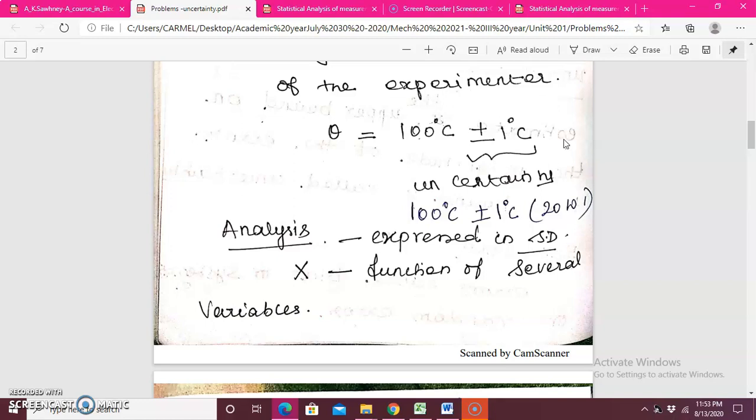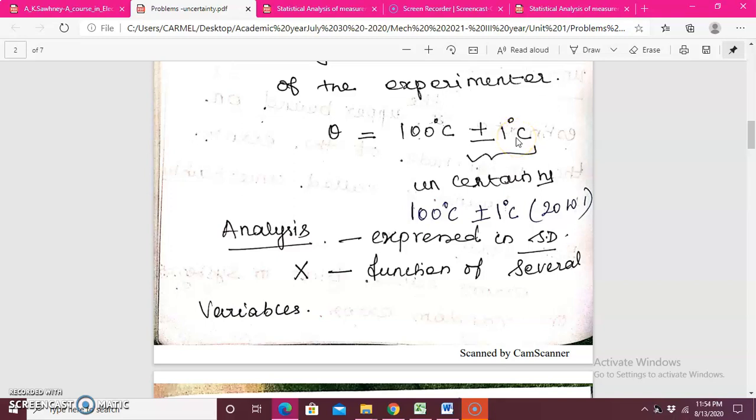This is how the uncertainty value is calculated. 100 plus 1 gives 101, 100 minus 1 gives 99, so your range lies between 99 and 101. The unpredictable error may be between 99 and 101. We cannot tell the correct value. Either the possibility is 99 point something, and likewise it will vary. That is what uncertainty talks about.